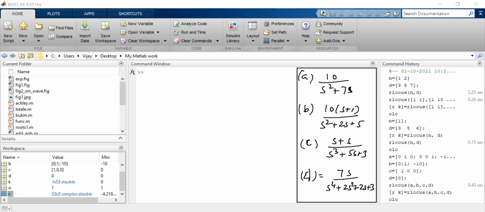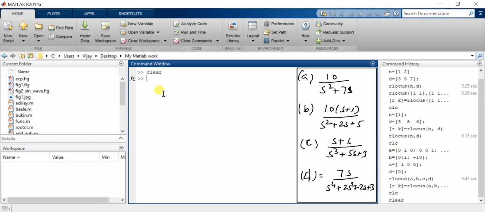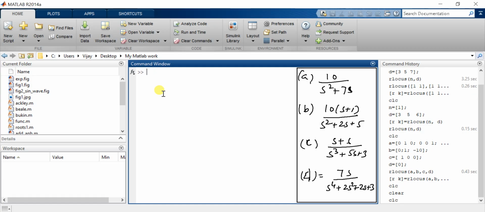So let's try to code it. For the first transfer function, first clear all the variables in the workspace and clear the screen.